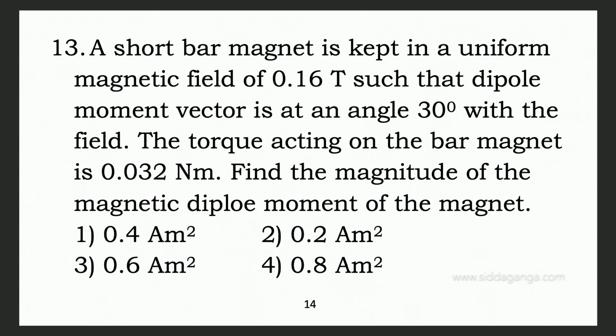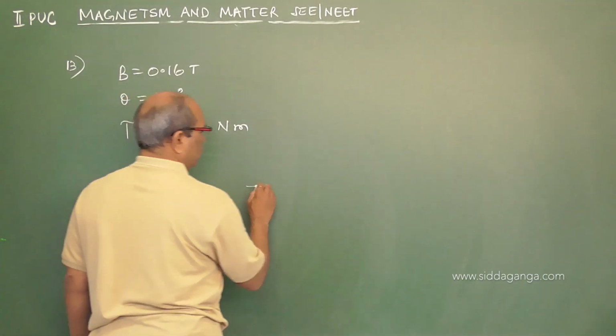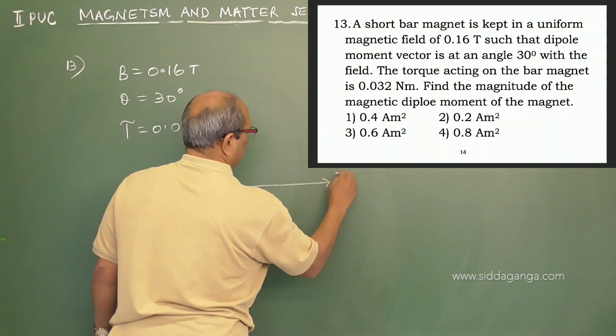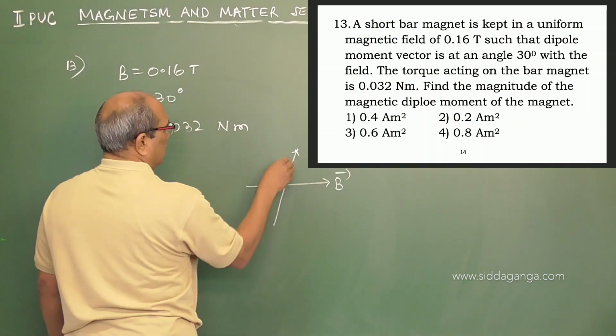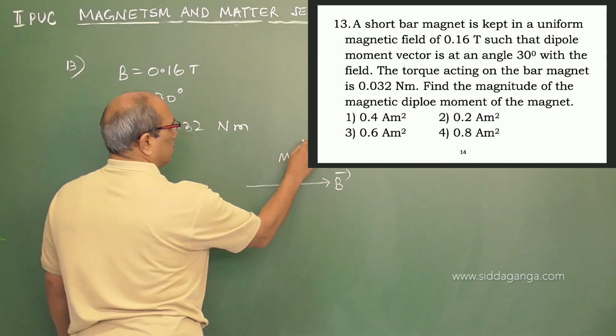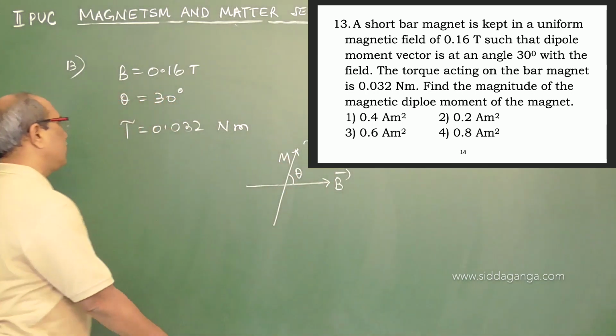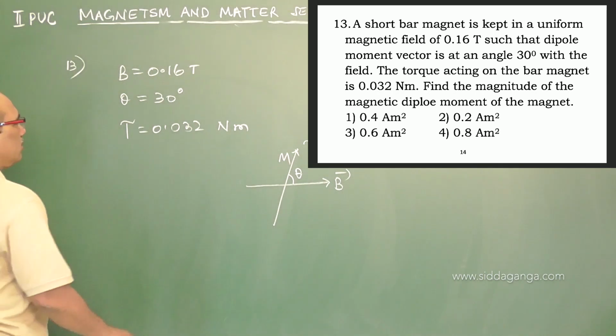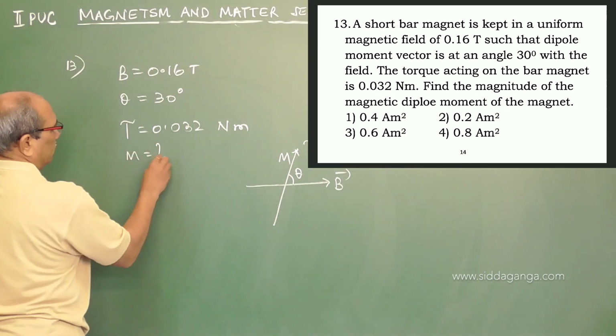The torque acting on the magnet is 0.032 Newton meter. Find the magnitude of the magnetic dipole moment of the magnet. In a uniform magnetic field B, a bar magnet of moment M is placed making an angle theta. This experiences a torque. The torque value is given, and the question is on the moment.